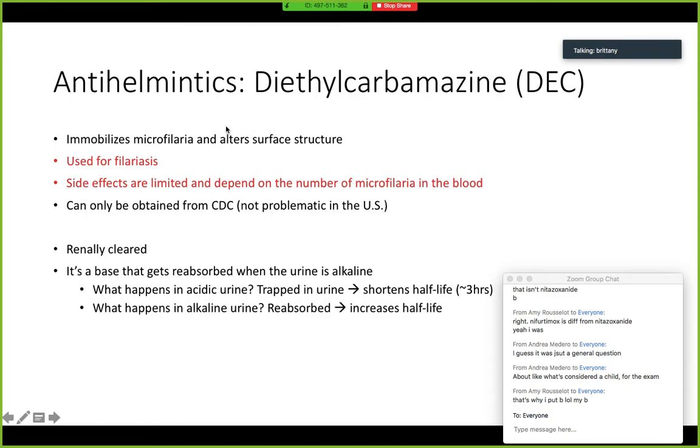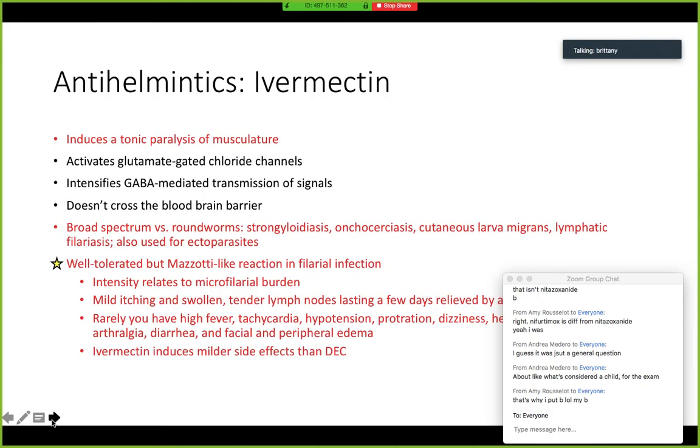So everyone really kind of shies away from this drug. So I wouldn't worry about this one. I would think about ivermectin though. If you see a question stem describing this Mazzotti-like reaction, and they ask what drug they are likely being prescribed, that's going to be ivermectin.